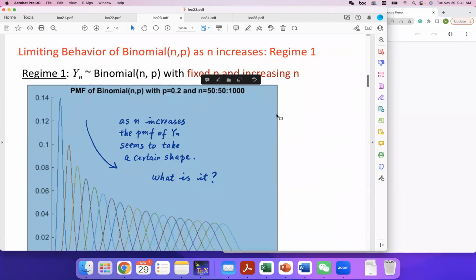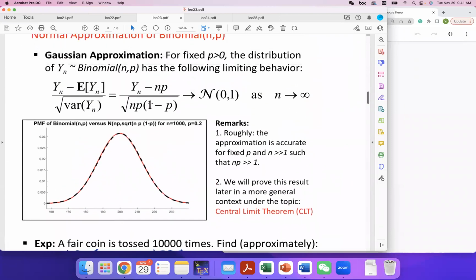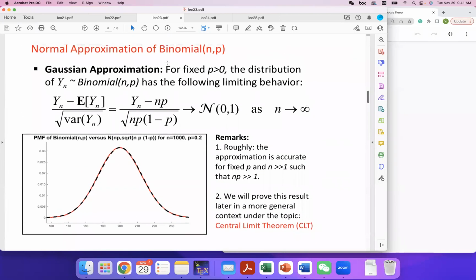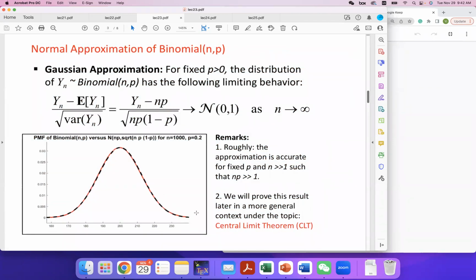Now we know that Yn follows a binomial distribution. And empirically, we found that if we fix the success rate and let the total number of experiments n go to infinity, then the PMF of this random variable converges to a Gaussian distribution.